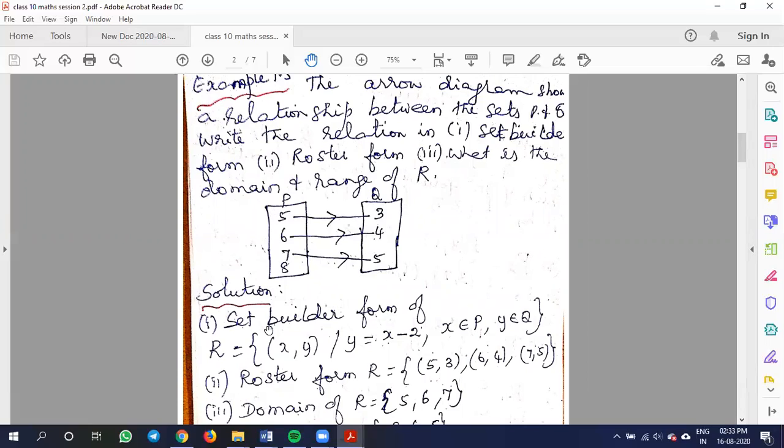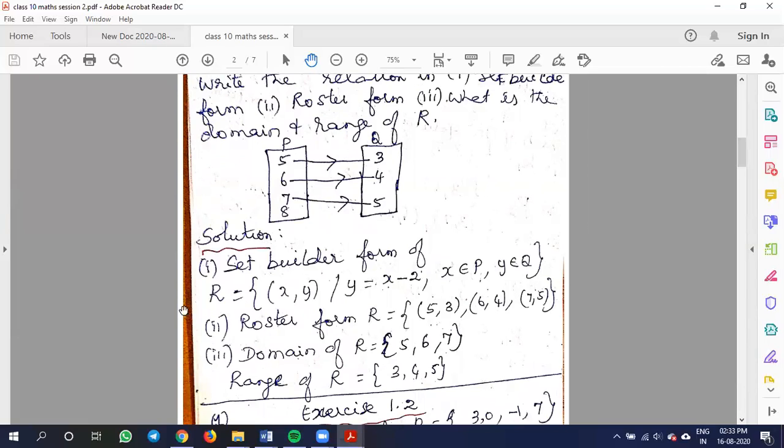So if you are subtracting 2 from the first x, you are getting this y. So set builder form is R is equal to the set of all ordered pairs x, y such that y is equal to x minus 2, where x belongs to P and y belongs to Q.